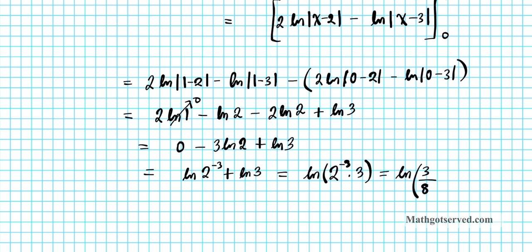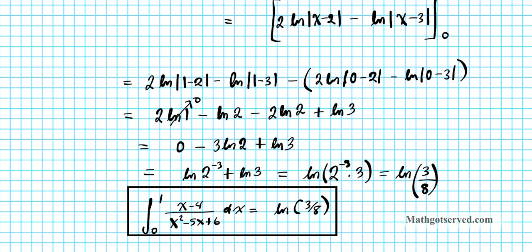So there goes your final answer. The integral from 0 to 1 of x minus 4 over x squared minus 5x plus 6 dx is equal to the natural logarithm of 3 over 8. All right, so there goes your final answer.